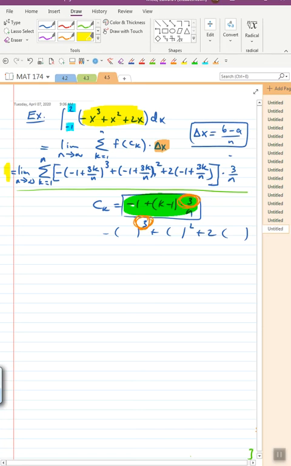I mean, the reason I have the 3 there is just because I have a 3 in the function up here. Now, the 3 here came from this part, that the overall width of the interval was 2 minus minus 1, which was 3, and we're dividing this into n pieces. So that's where that part came from.